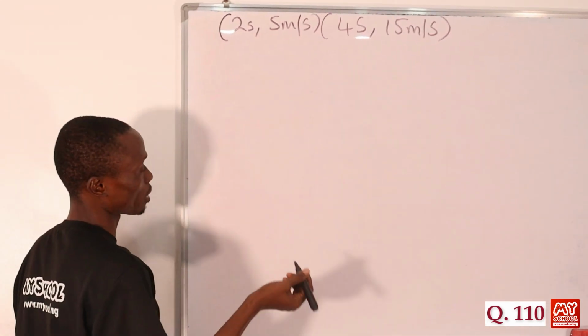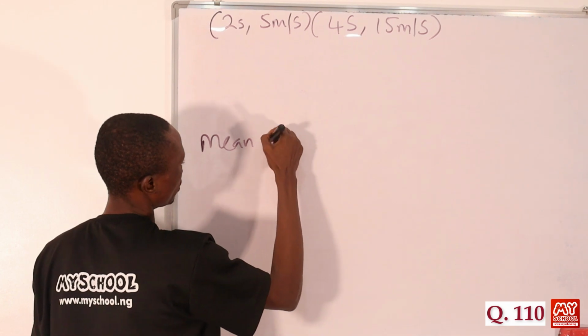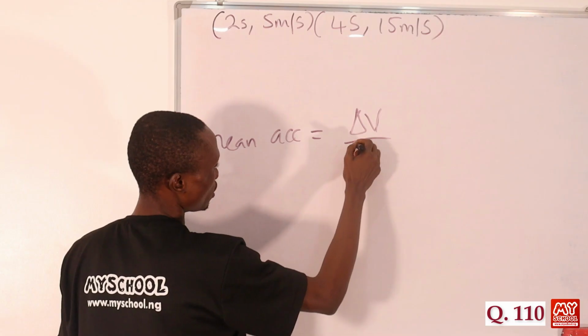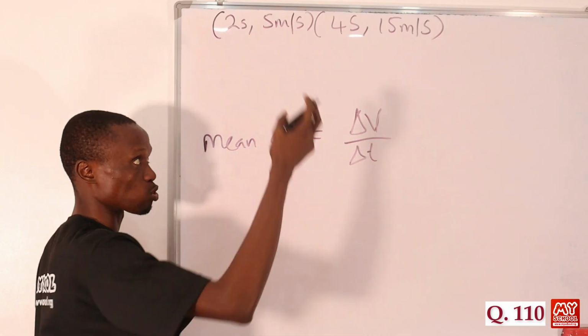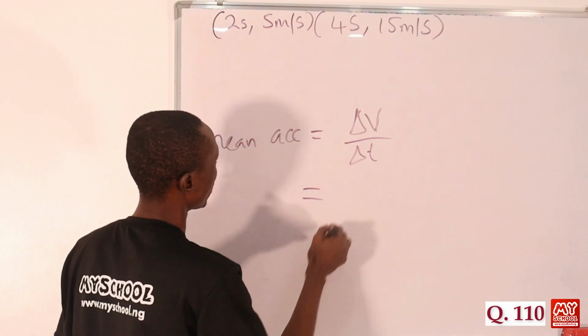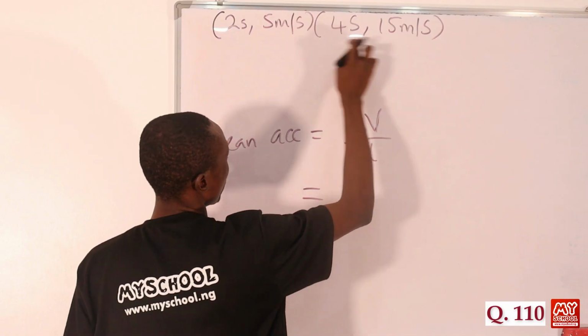Okay, so for us to calculate the mean acceleration, mean acceleration will be equals to change in velocity all over change in time. Or you can as well draw the velocity time graph, and from there you'll still get the same answer. So this is our V2, while this is our V1.